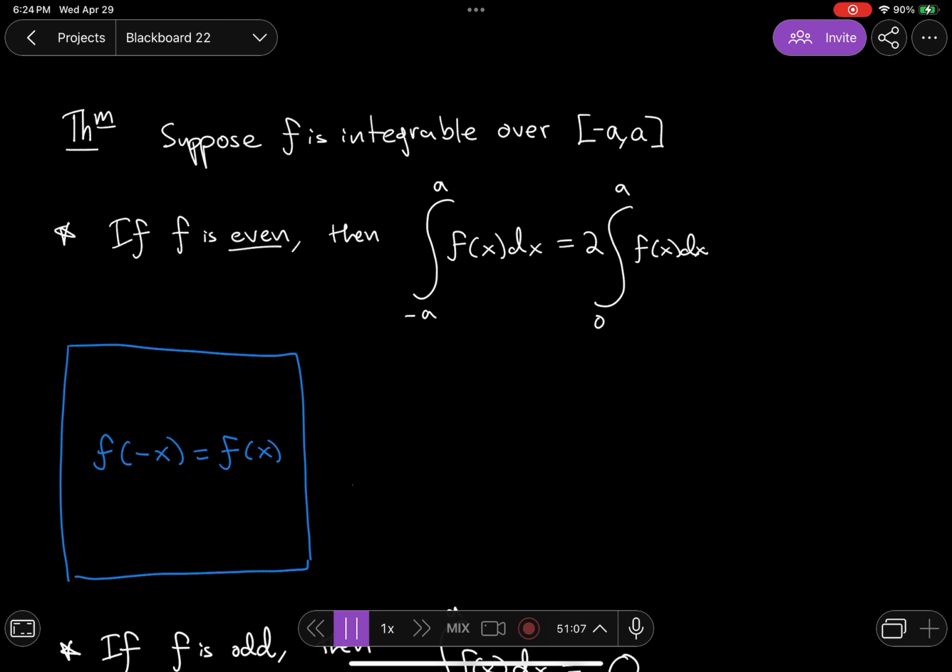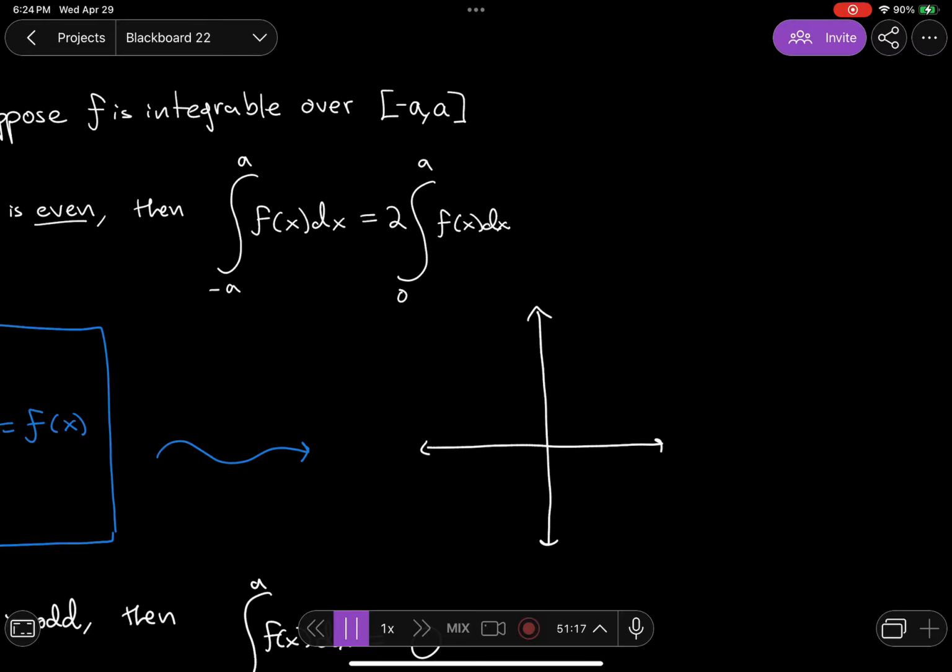But let's look at what that means in a graph. If I had an xy plane here and I wanted to plot one of these functions, if I were to go x in some distance x and find my function, well, that output has to be the same as if I go negative x. So if that's true for all x values, what that means is that my function has to look symmetric over the y-axis.